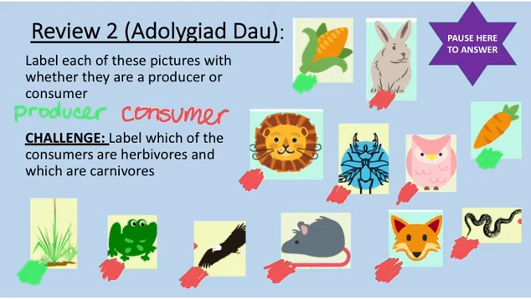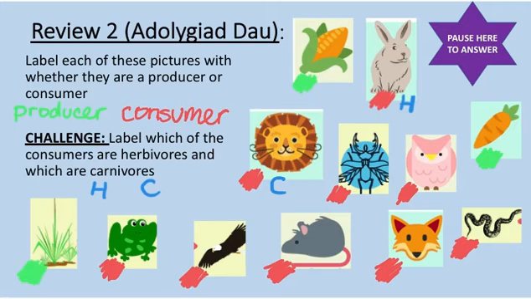And now we'll do the challenge, which is label which of the consumers are herbivores and which are carnivores. So in blue pen, I'm going to write next to each of the consumers, I'll put an H for herbivore and a C for carnivore, okay? So we have a rabbit, which is a herbivore, because remember we had it eating the carrot. Our lion was a carnivore because it ate the fox.